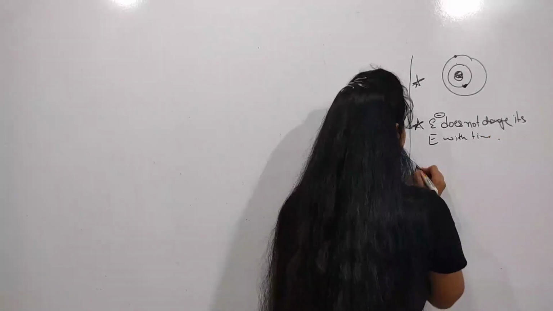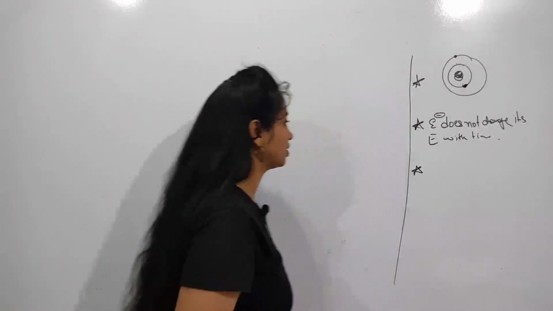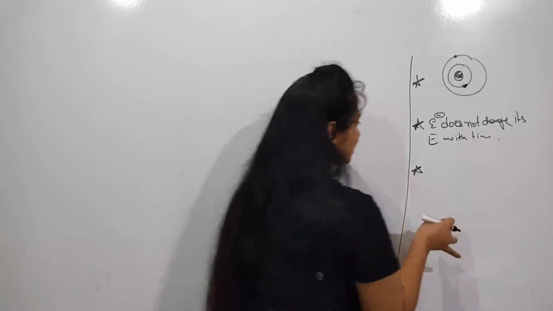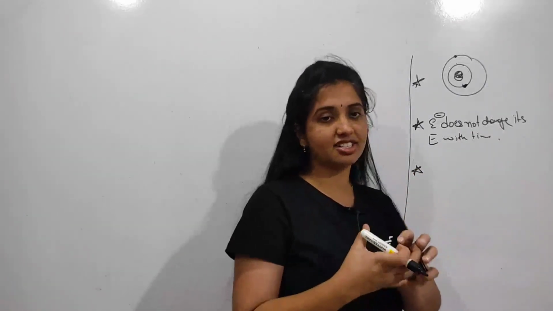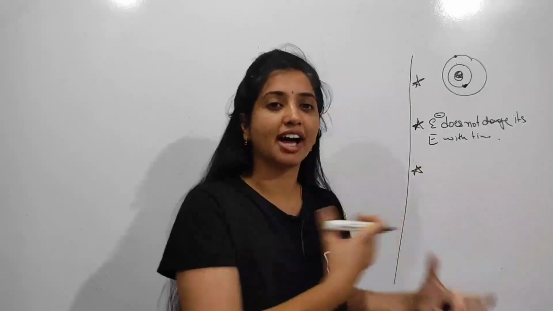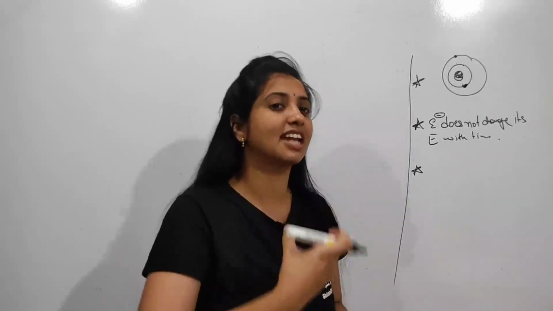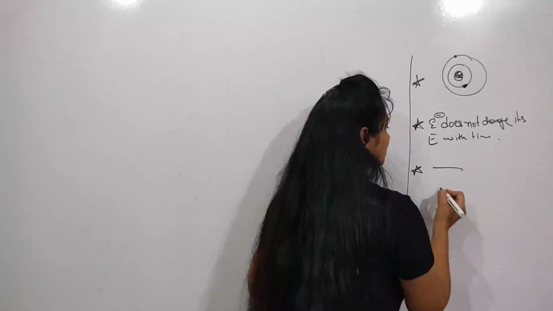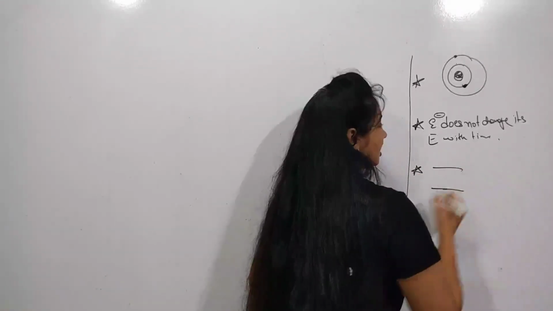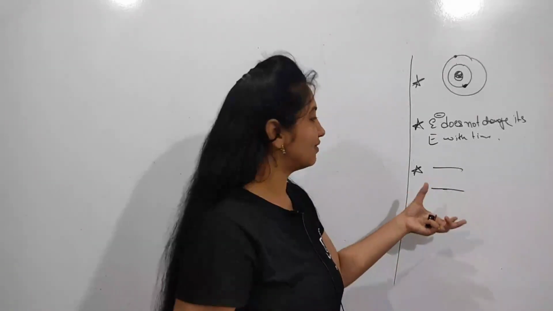And the third postulate is a very important postulate for us. What does he say? When electromagnetic radiation is absorbed or emitted by the electron, the transition takes place between two stationary states or stationary levels.